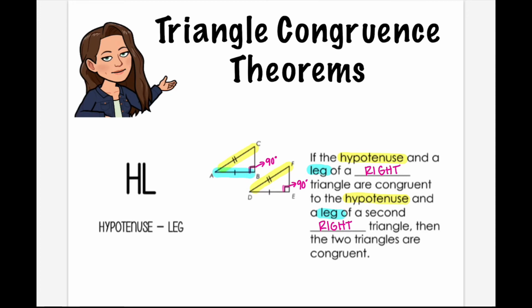A leg is either of the remaining sides of the triangle. So AB is a leg, but so is BC. DE is a leg, and so is EF. So notice that side AB corresponds to side DE. So we have the hypotenuse of these triangles and the corresponding legs are congruent.